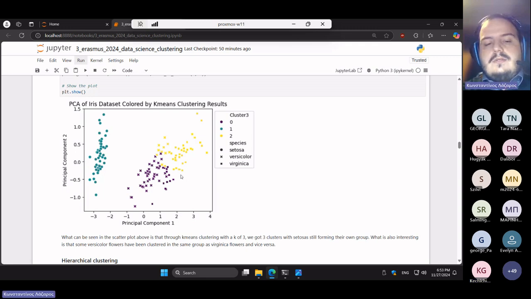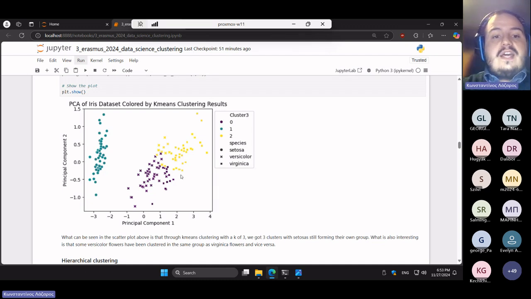Yes, absolutely. This could actually mean one of two things in this case. It could either mean that, for some reason, our algorithm did not work as expected. It was not able to make distinct clusters or groups of samples.